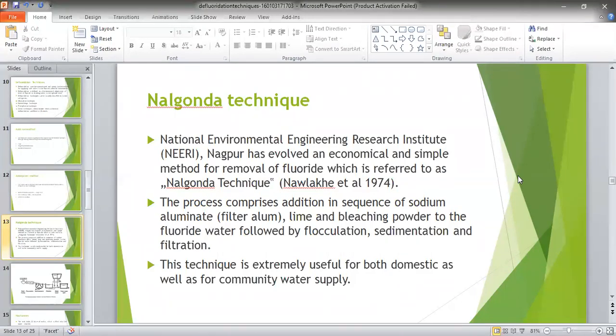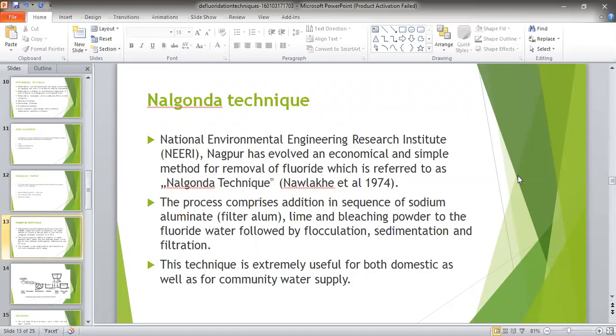That will pass through flocculation, sedimentation, and filtration process. Okay, this technique is extremely useful for both domestic as well as community water supply to remove the excessive amount of fluoride from the water.